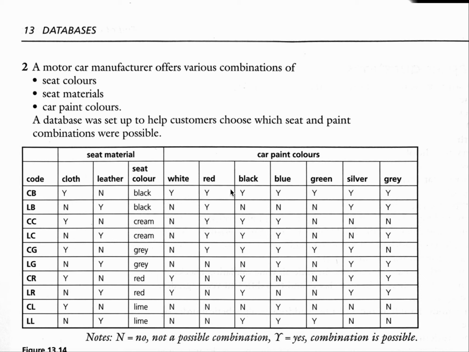So if the customer wanted cloth, and one of these options for colors for the outside of the car, then they would select CB. Same thing goes with LB. LB is black leather, and that car only comes in red, silver, gray. So that's how that's working.